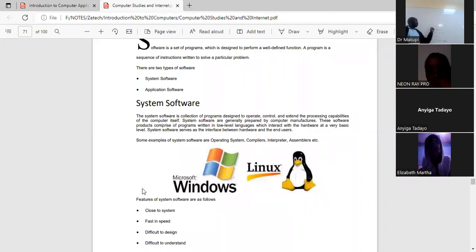So first and second generation languages, machine language and assembly language, are both classified as low-level languages. These ones were machine dependent.